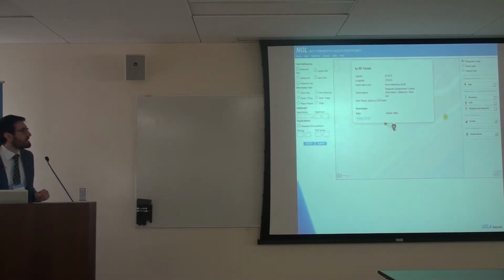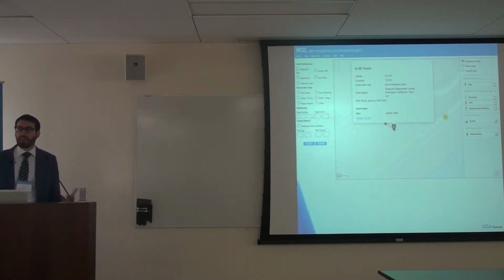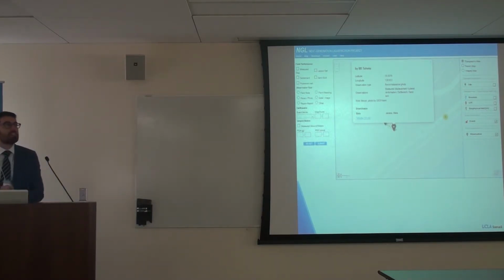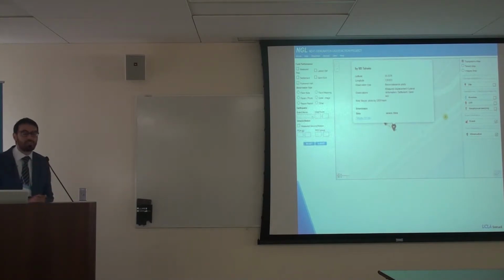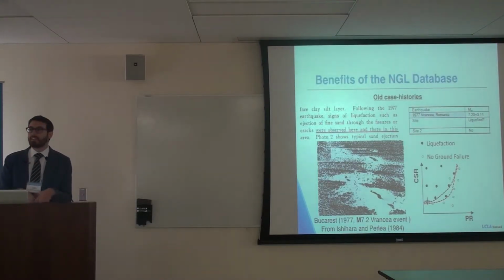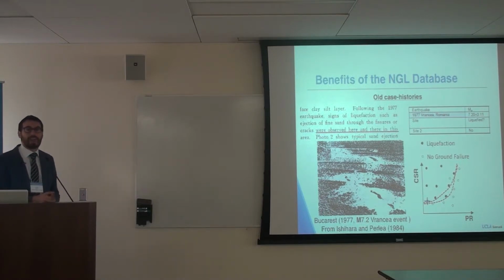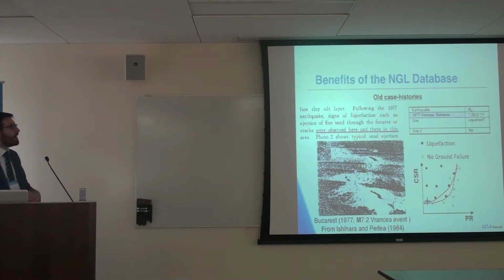One thing I should mention now is we are collecting legacy sites, so older case histories and newer observations. And of course, an important task here is to understand what is the level of uncertainty associated with each case history. So here, there is an extreme case of a poorly documented older liquefaction manifestation site, the Rancha earthquake event, magnitude 7.2.